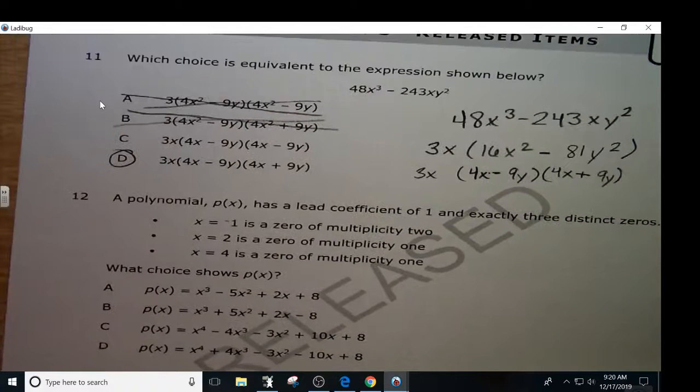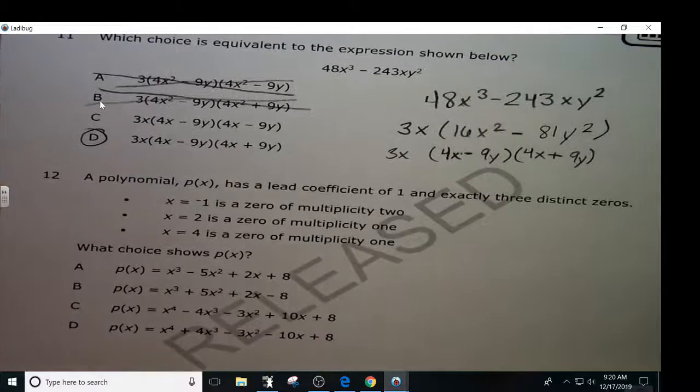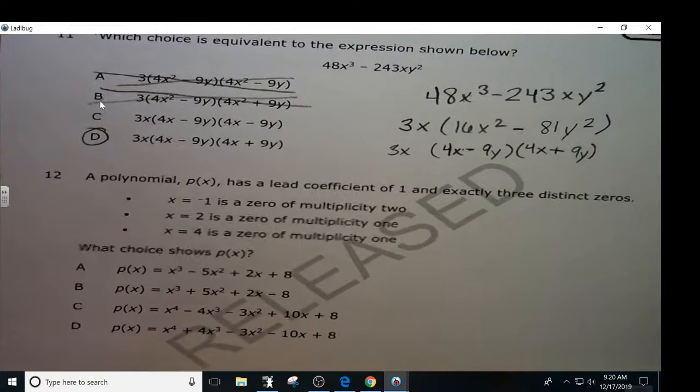Okay. A polynomial p of x has a leading coefficient of 1 and exactly 3 distinct zeros.